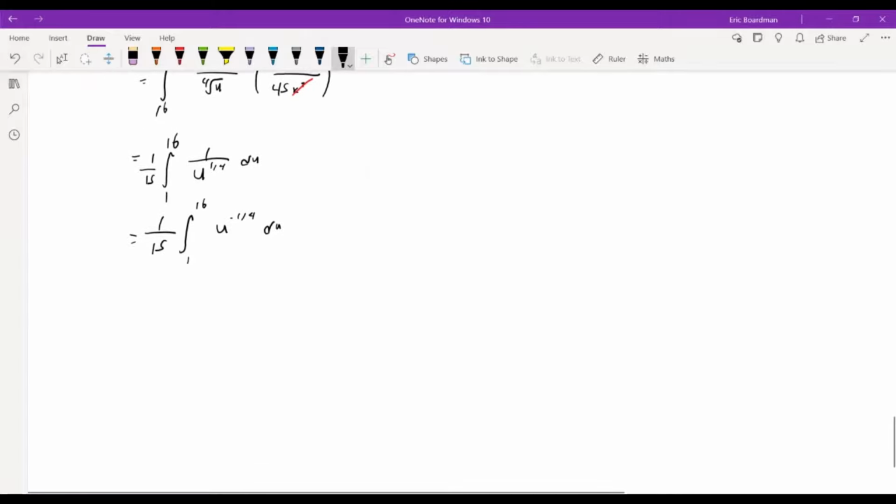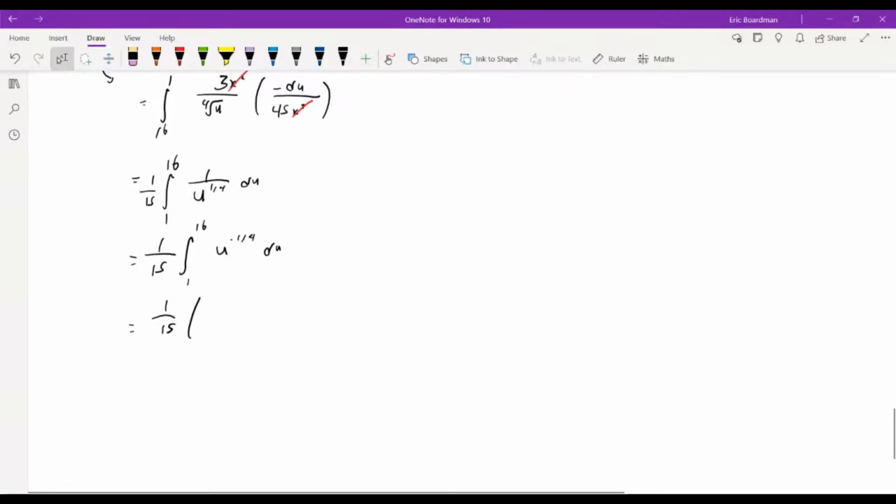Then if we integrate this, we just need to add 1 to the power. 1 is 4/4, so this should be u to the 5/4. Then we divide by that, and dividing by 5/4 is the same as multiplying by 4/5. This is evaluated from 1 to 16.